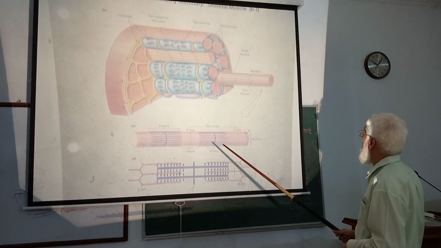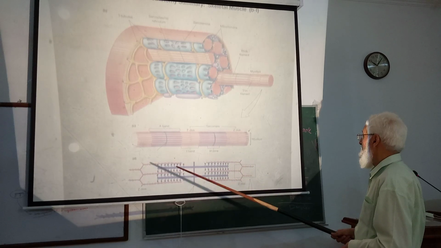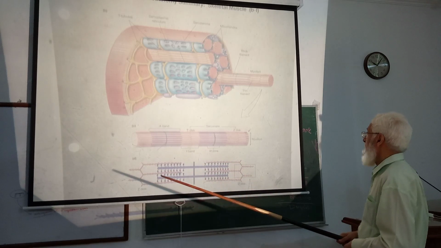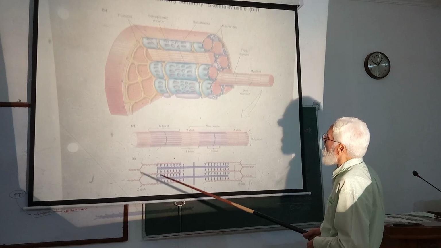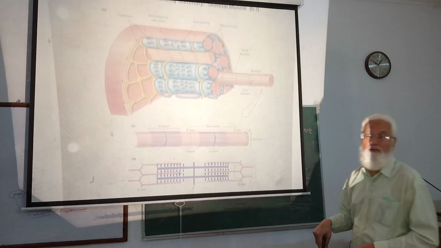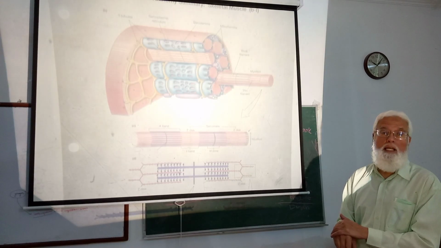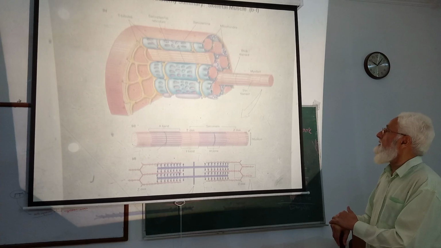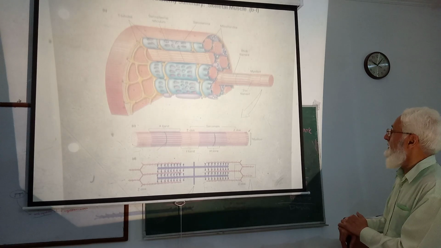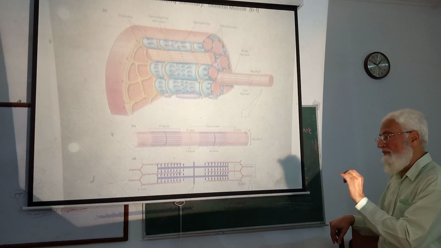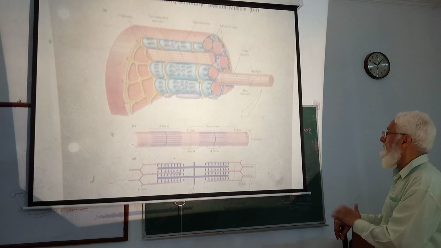The diameter of the actin filament, the thin filament, is 50 angstrom units, while 100 angstrom units is the diameter of the thick filament or myosin filament.